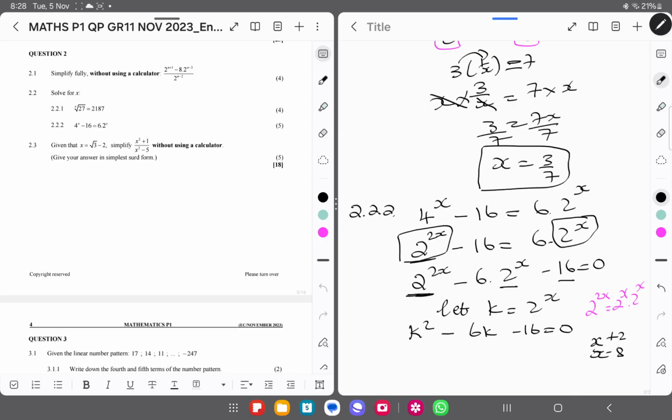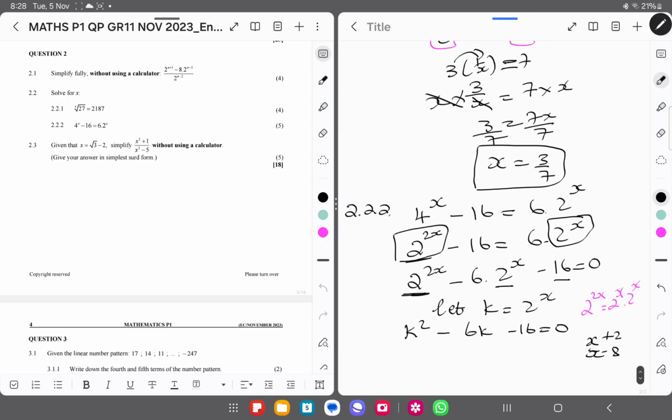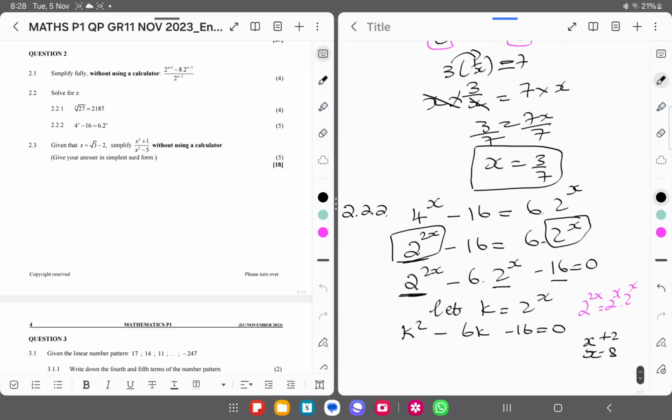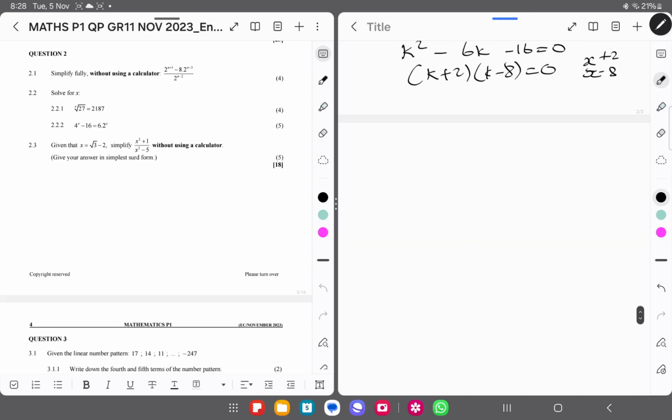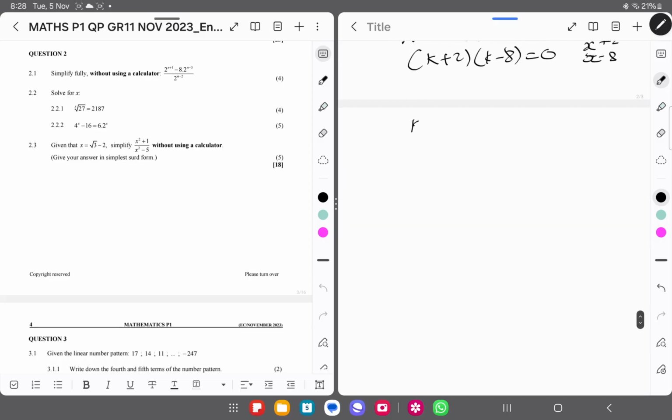Remember, you are allowed to use the quadratic formula here to get the value of k, but I just used the factors. This is k plus 2, k minus 8 equals 0. K then becomes minus 2, or k becomes 8.